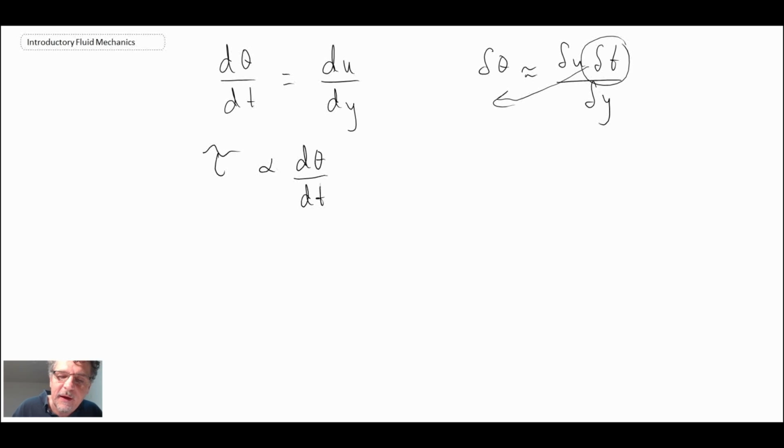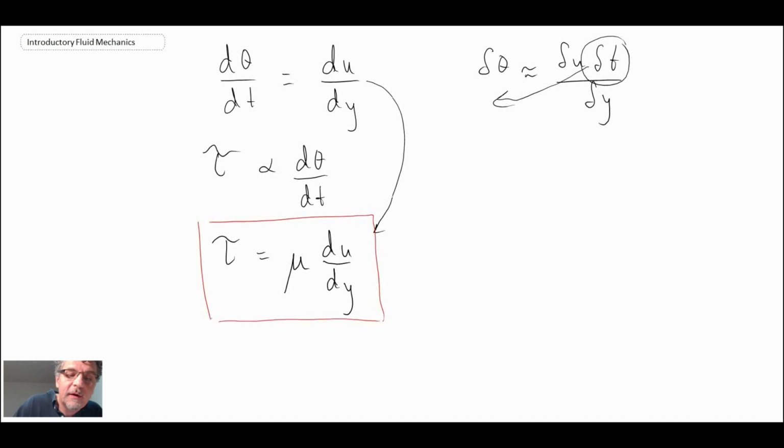Well, we see from the equation, from this little chunk of fluid, that shear stress is then equal to du by dy, which is coming from this equation up here. I'm bringing it in. But there needs to be some sort of constant of proportionality. And that constant of proportionality that we use in fluid mechanics is called viscosity. And so we put the viscosity in there. That gives us the constant of proportionality for this relationship.